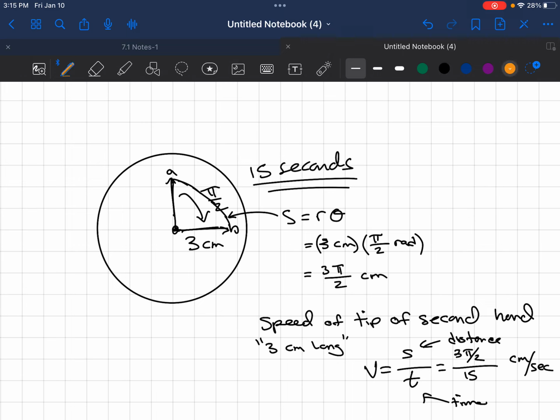Our goal here is just to motivate the idea that the tip of that second hand was moving, and that we can use the formula how far the tip moved divided by how long it took to discuss the linear velocity of the tip. Now, we have the formula r theta for s that we used here, so we could actually combine those together, and we get two formulas now.